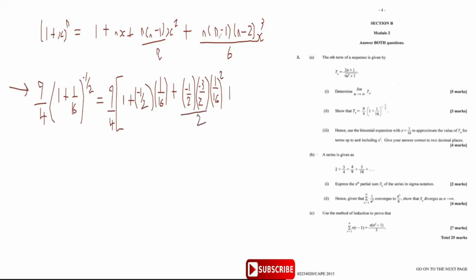Plus, we need n times n minus 1 times n minus 2. That's going to be minus a half times minus 3 over 2 times minus 5 over 2, and that's divided by, of course, 6, times x cubed, and x cubed is 1 over 16 cubed.